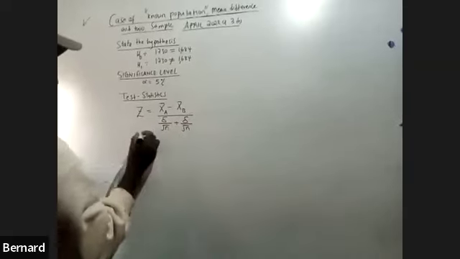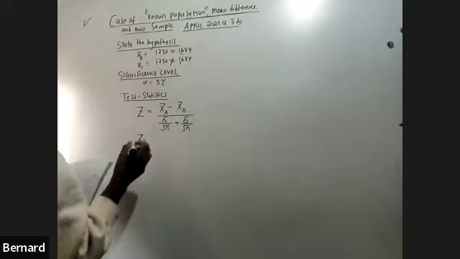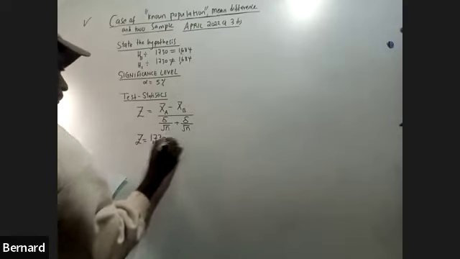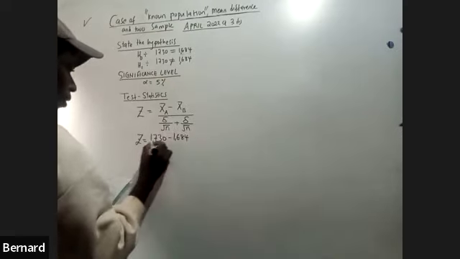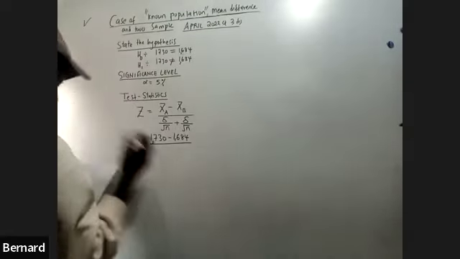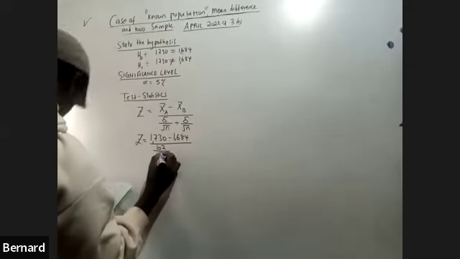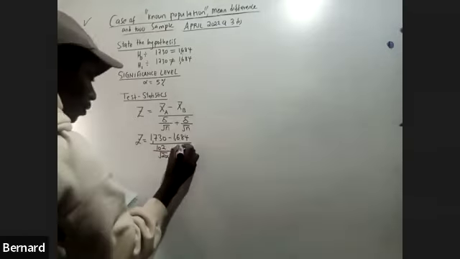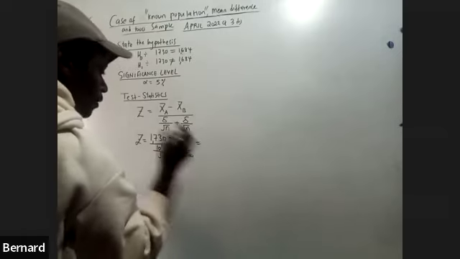Now in this case, our Z itakuwa, tutasema pale juu, 1730 minus 1684 over the standard deviation 102 over square root of 200 plus 108 over the square root of 200.